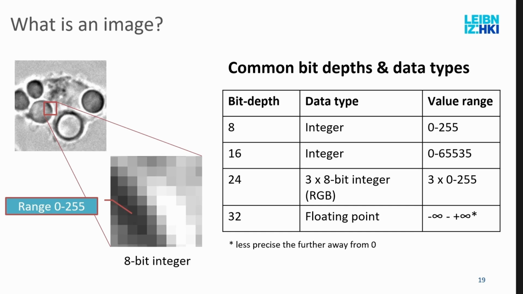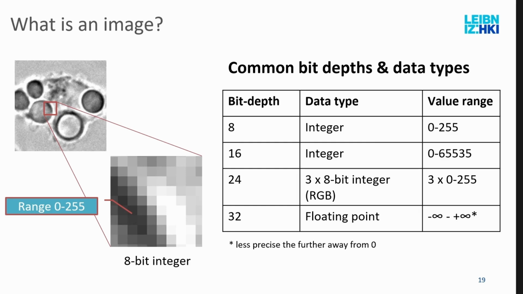For colored images, in ImageJ they call it 24 bits, which is theoretically 3 times 8 bits. 3 times 8 is 24. And there they say each of these 24 bits, so each of these 8-bit chunks, is set to be an RGB channel.